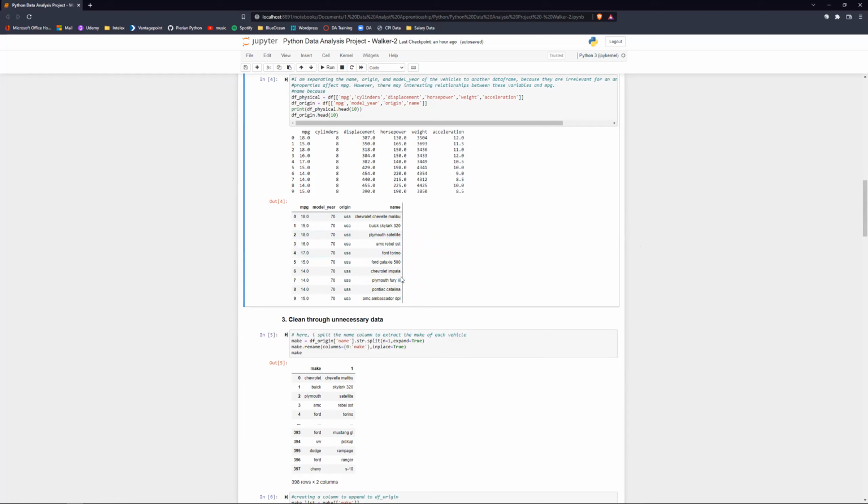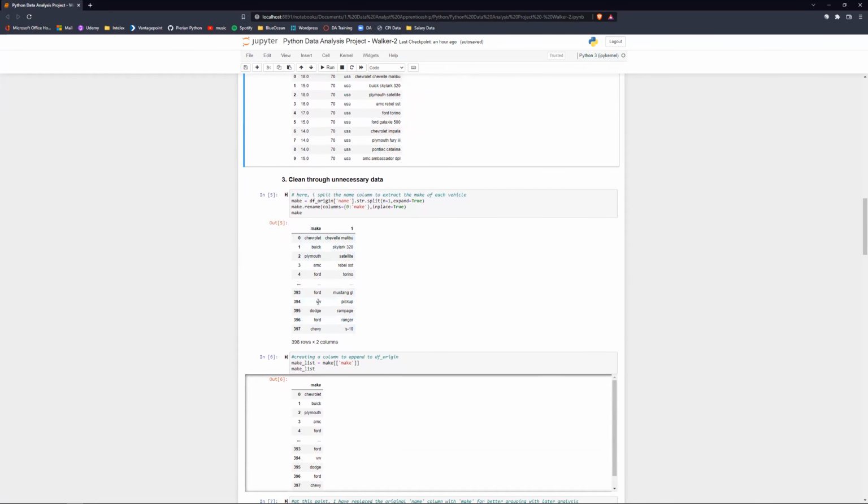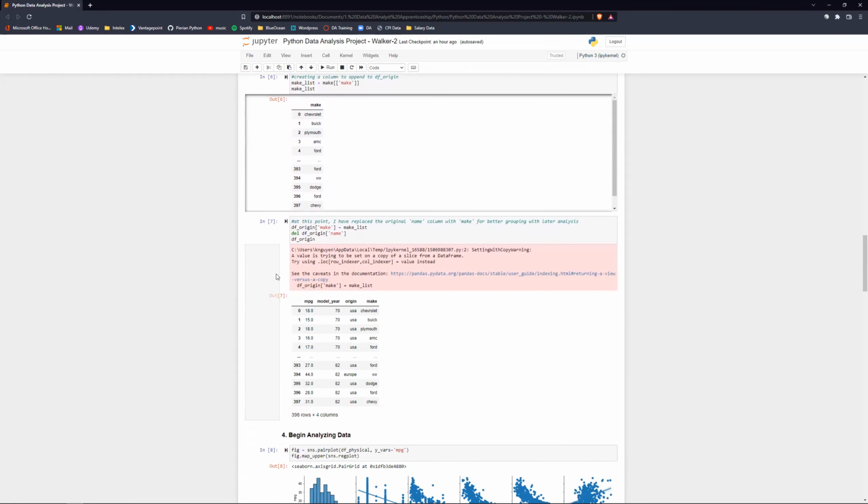So I instead tried to take out just the make, which is what happened here. So I have the make column, and then I replaced the make and model column in the original origin data frame with that.